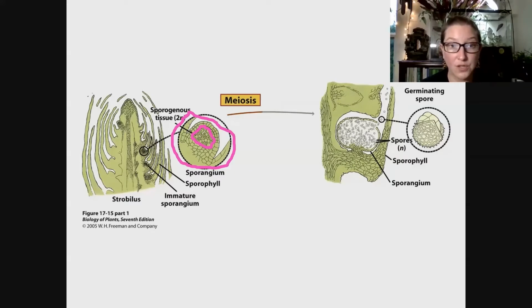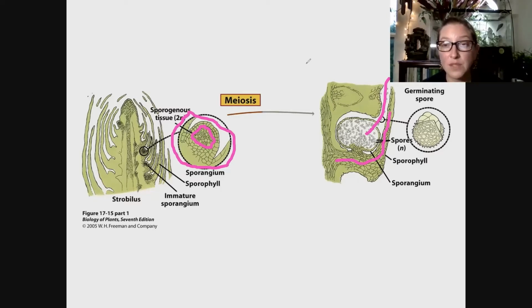Once meiosis occurs inside of that sporangium, here is that sporangium again, and meiosis has already occurred, and the result is these 1N spores. Those haploid spores are going to leave the sporangia, and look, here's a sporophyll right there.